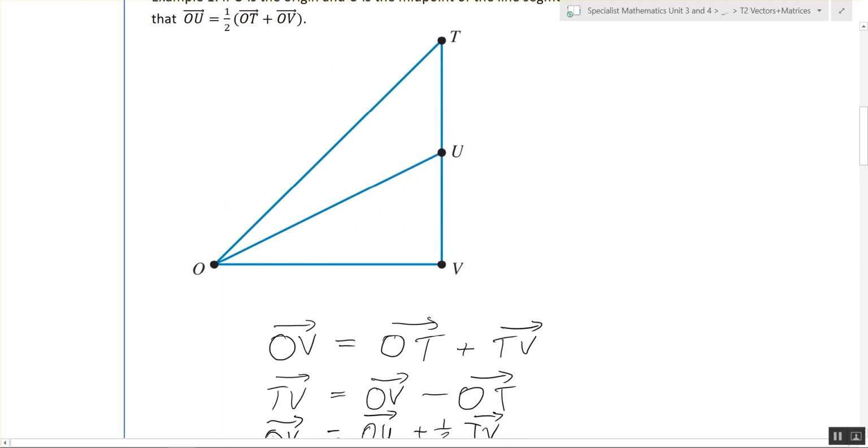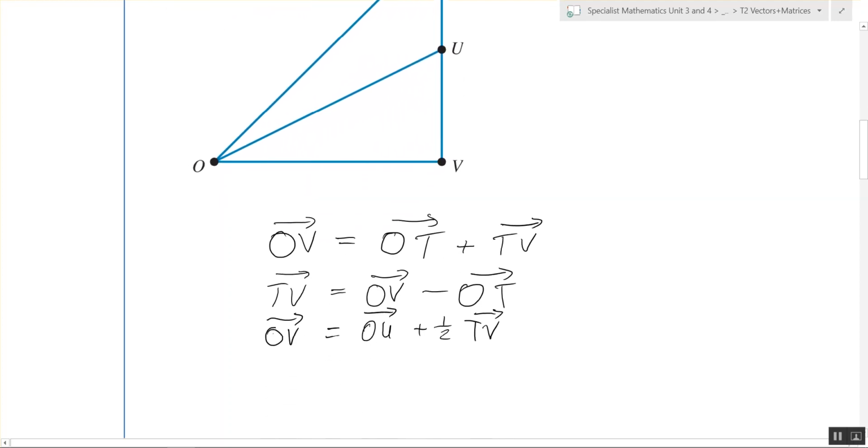Okay, so we want OU in terms of OT and OV. So equation 3 rearranged: OU equals OV minus a half TV.